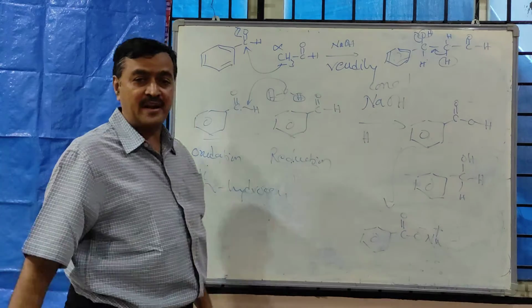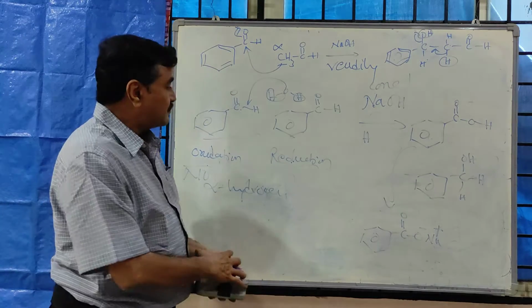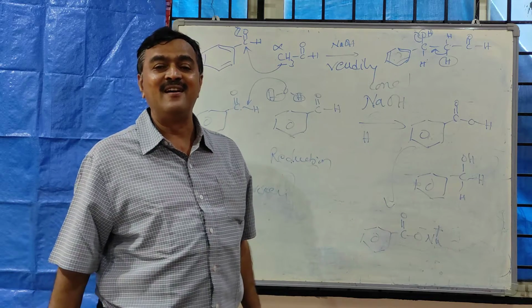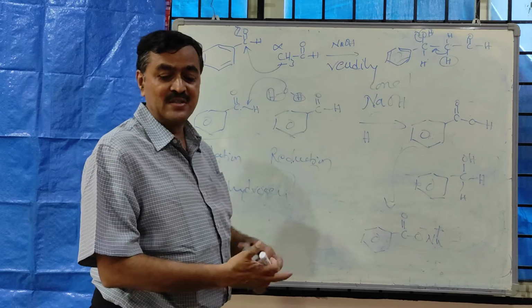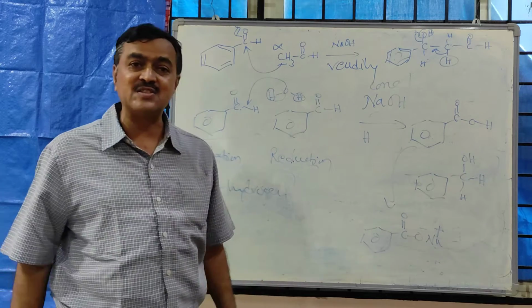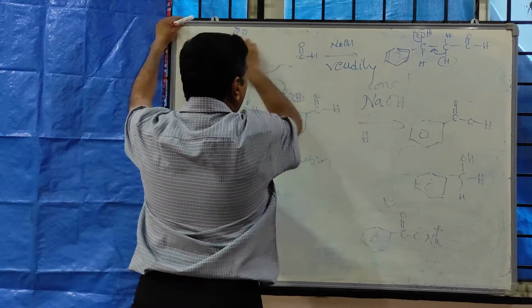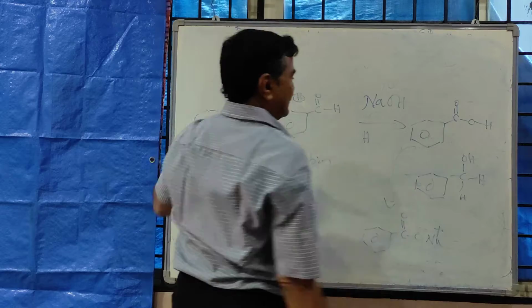Still we went on with the reaction, and after the reaction what we got is a self-oxidized and reduced product. This reaction is called Cannizzaro's reaction. Cannizzaro is the name of the scientist who carried out the reaction, hence it is called Cannizzaro's reaction.